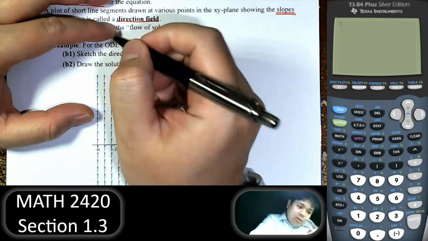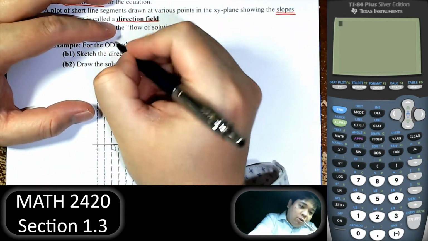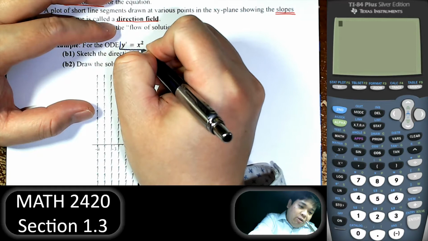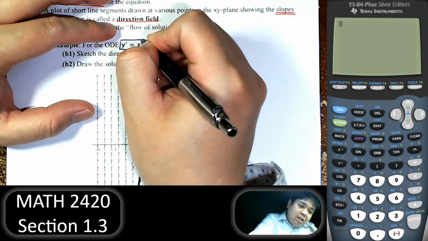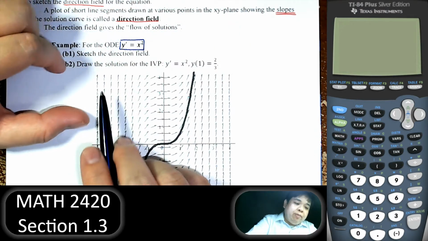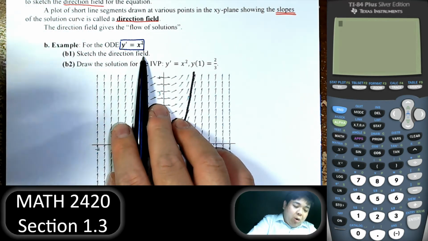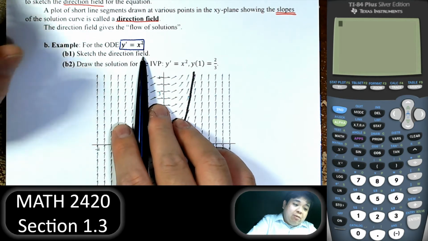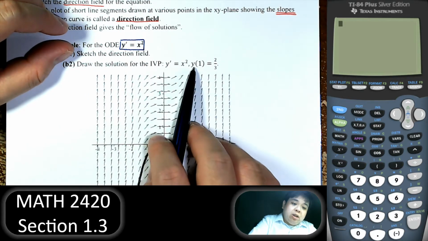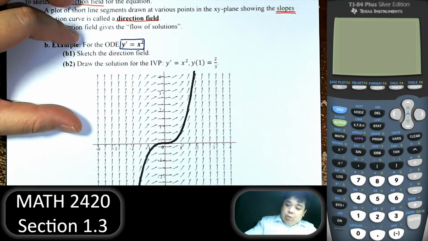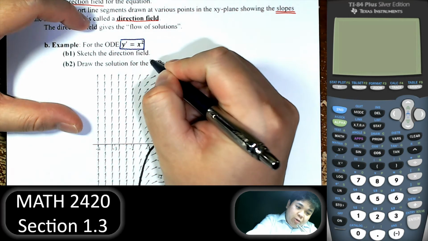I chose a very simple example so we can verify the solution easily. Now we sketch the direction field, and after that we draw the solution for the initial value problem.